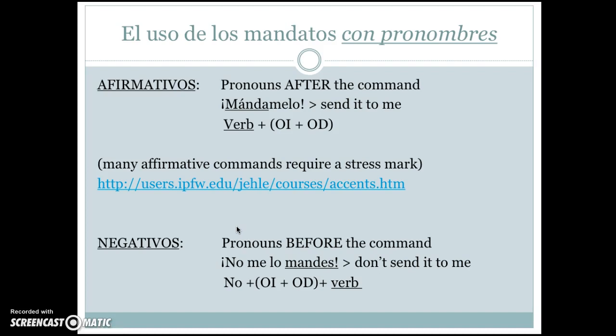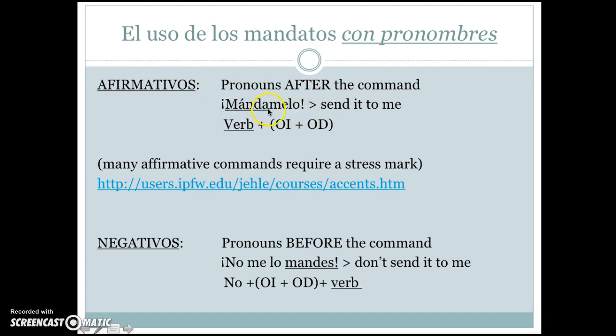And then it gets a little bit more complicated when you try to add pronouns, direct or indirect object pronouns specifically. For the affirmative tú commands, the pronouns go after the command. For the negative tú commands, they go before. That's the basic rule. When they go after, they're just put at the very end of the word. It's all one word.